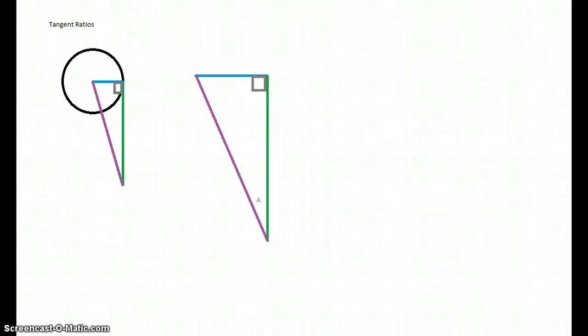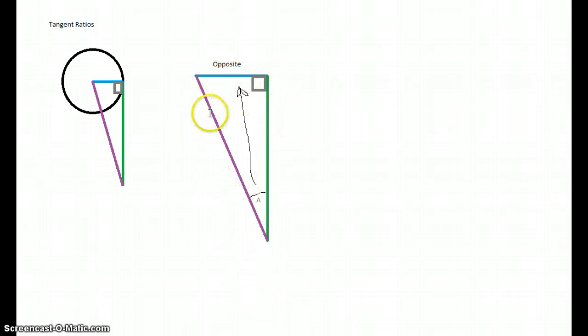First, I'm going to label a couple of things. I'm going to take the angle, and I'm going to go across from the angle. That side right across from the angle is called the opposite. So I'm going to label that opposite. Of course, we have a hypotenuse in this triangle. That's going to be our purple line.